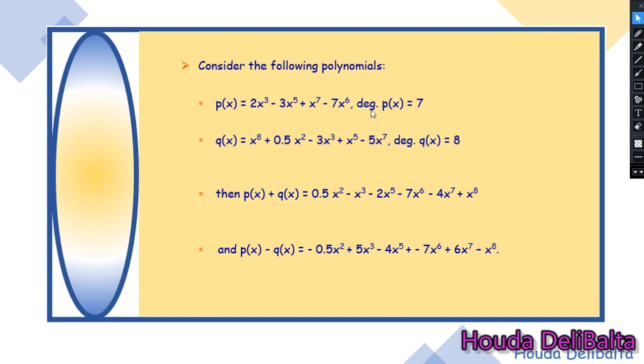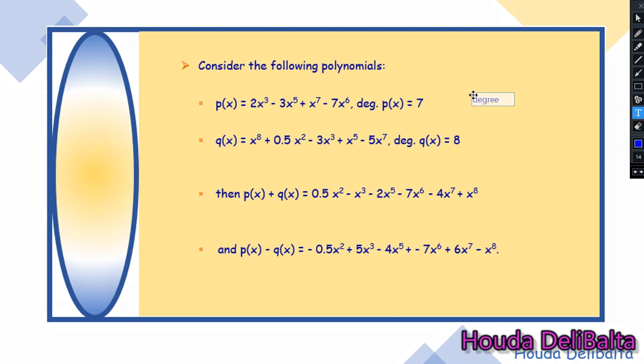Now notice I write here that the degree of p of x is 7. Let's see what that means. And here let's notice this polynomial also, it's q of x. Also it is in terms of x because the variable, as you notice, is x. It's x to the power 8 plus 0.5 x squared minus 3x cubed, etc. And I write here that the degree of q of x is 8.